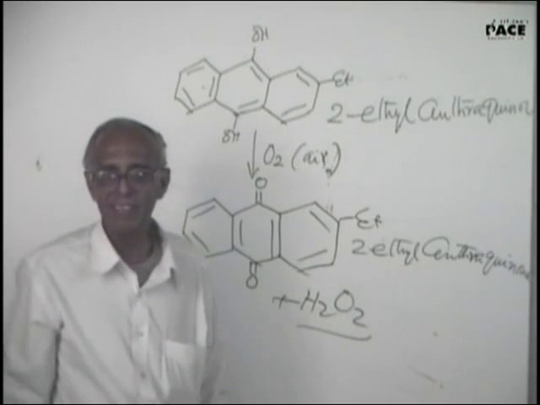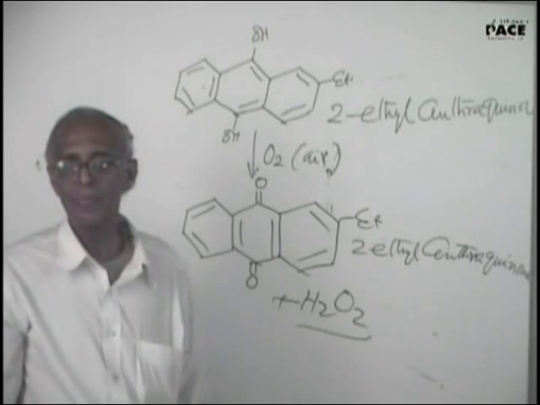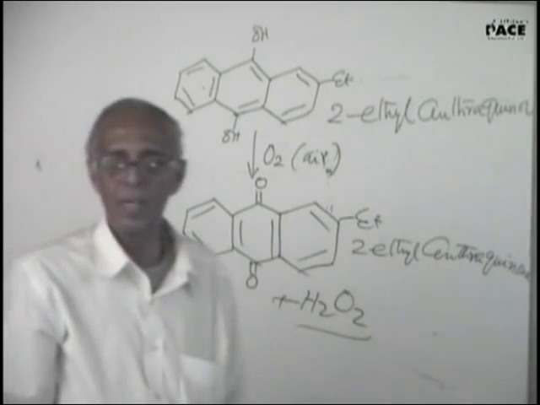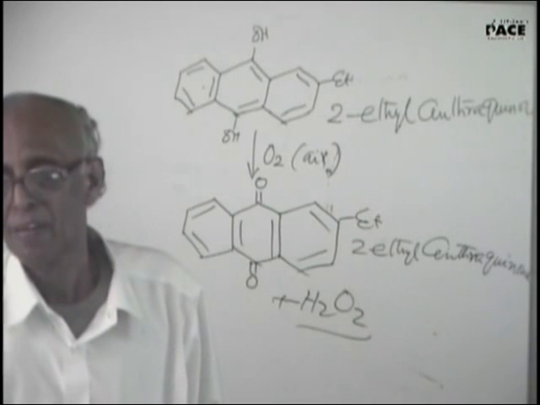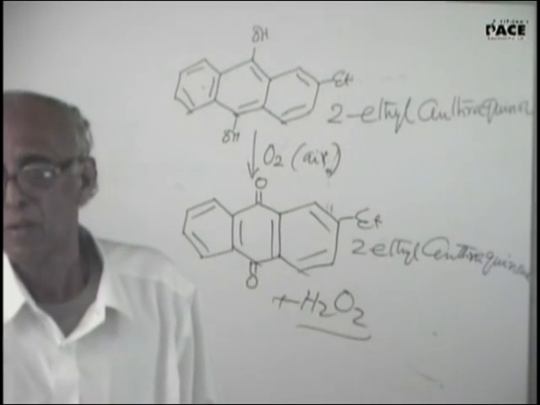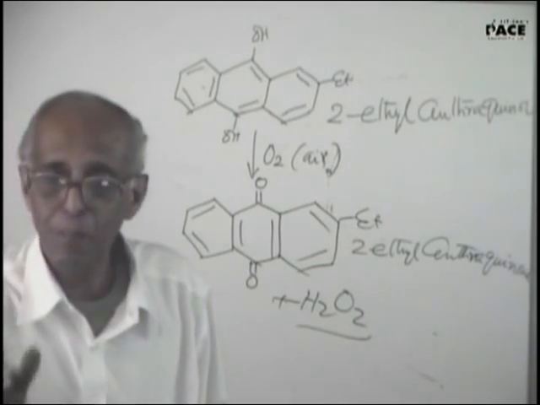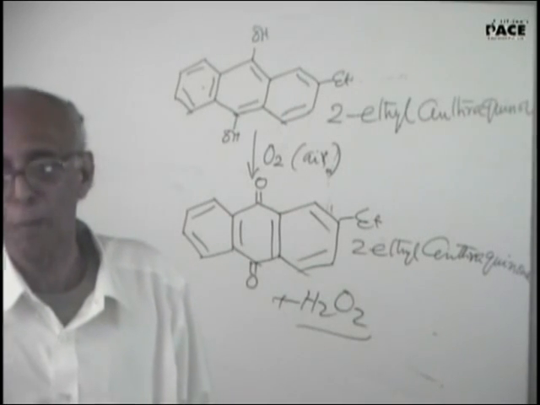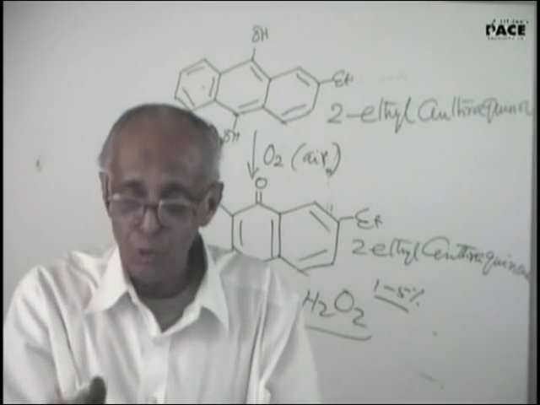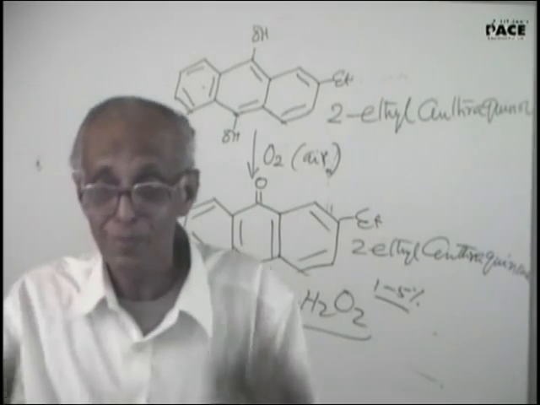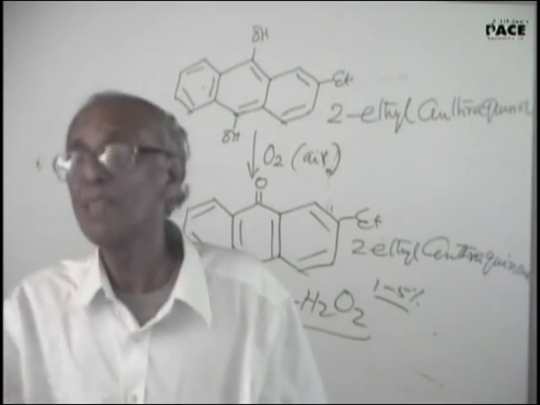Can you guess? Cleansing wounds. What is the yield? How much percentage of hydrogen peroxide is obtained by this method? It is more close to 1 rather than 5, I tell you. 5 is the upper limit.